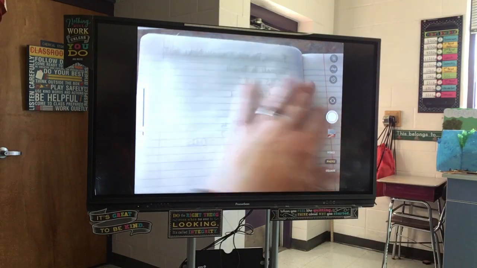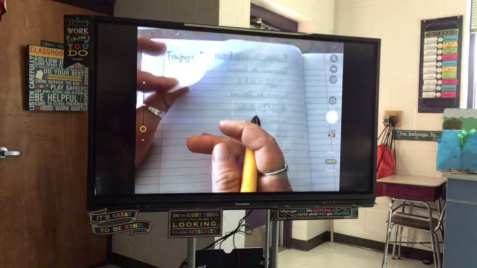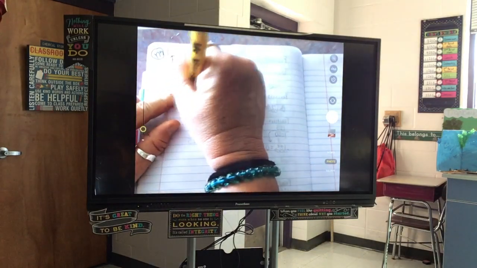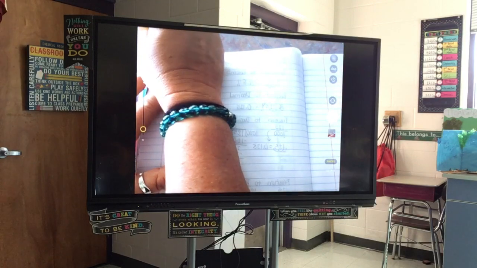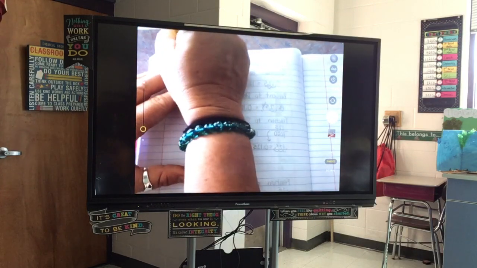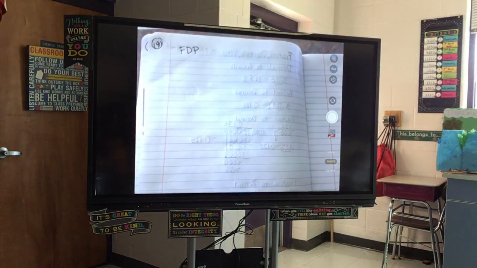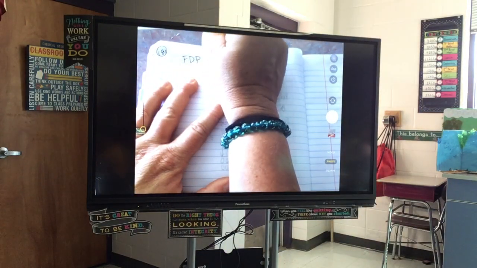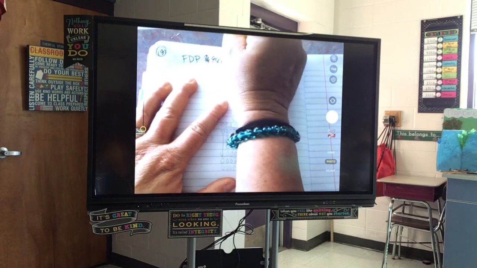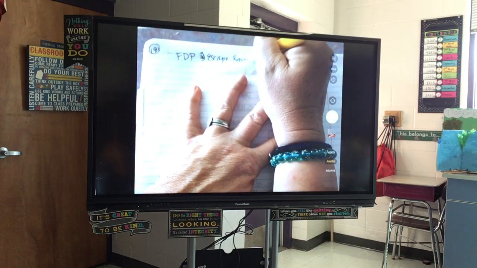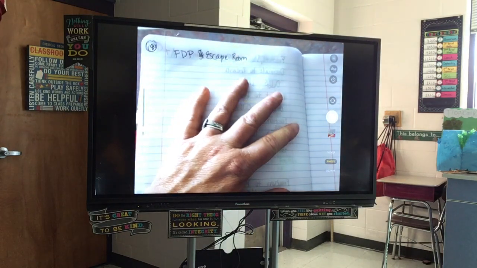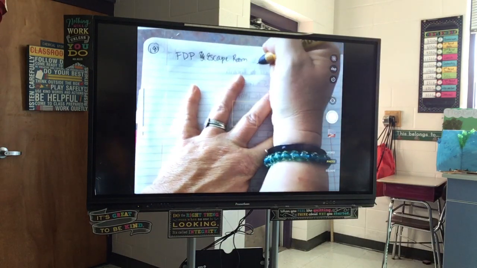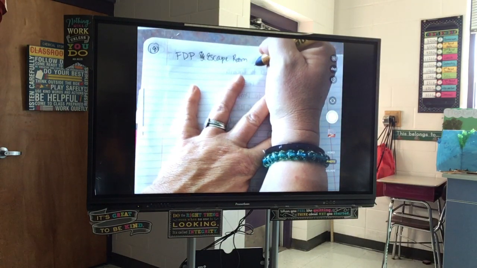All right, so go ahead, turn the page and label this FDP for fraction decimal percent. For the escape room, you're just gonna have to get a piece of paper because I'm not giving you a notebook.